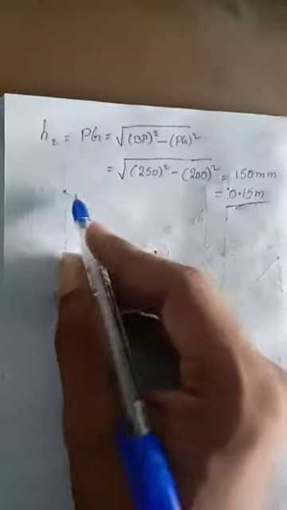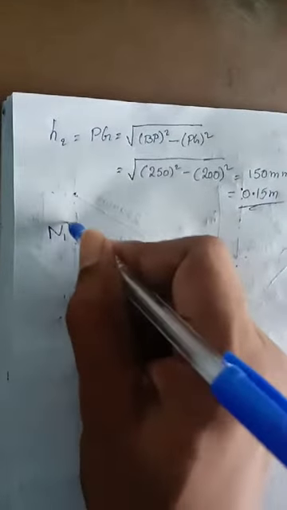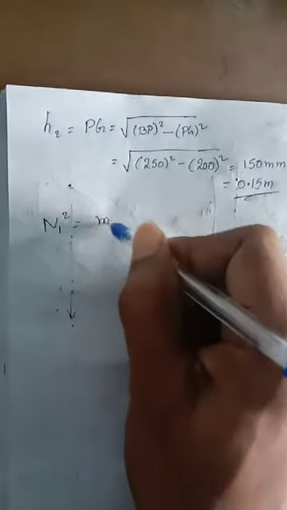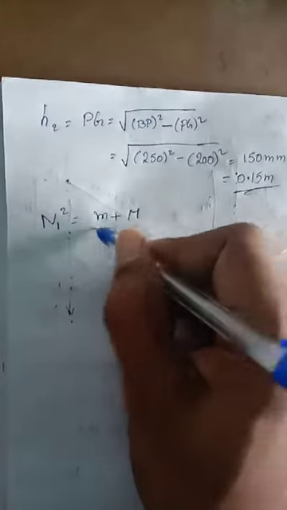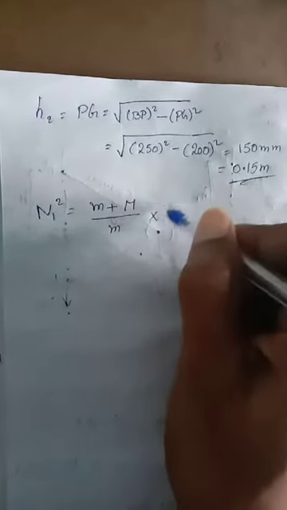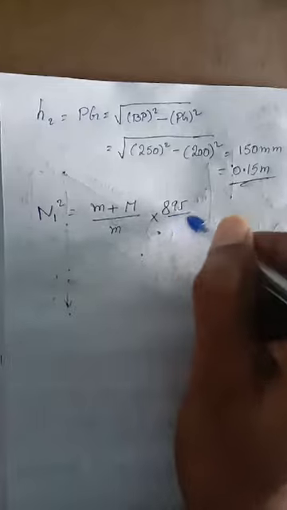Now we know N1 squared is equal to (m plus M) by m into 895 by h1.